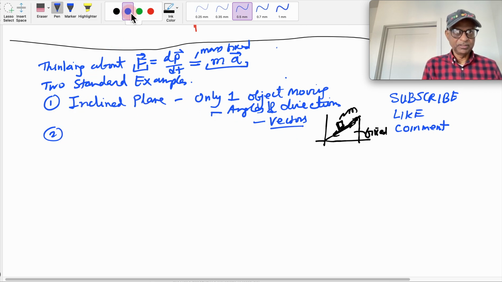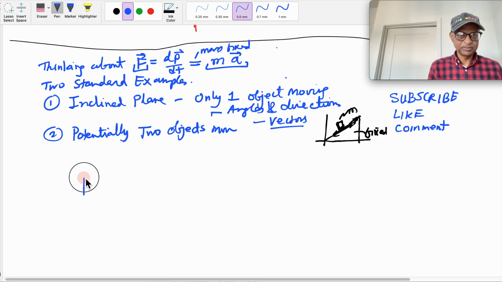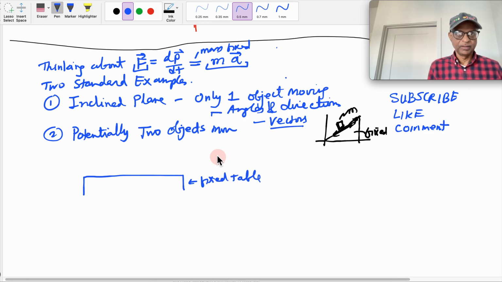And the second problem, I hope I can get time to do it, potentially has two objects moving. One example is, here's a table. This is fixed, and it's got a smooth surface.